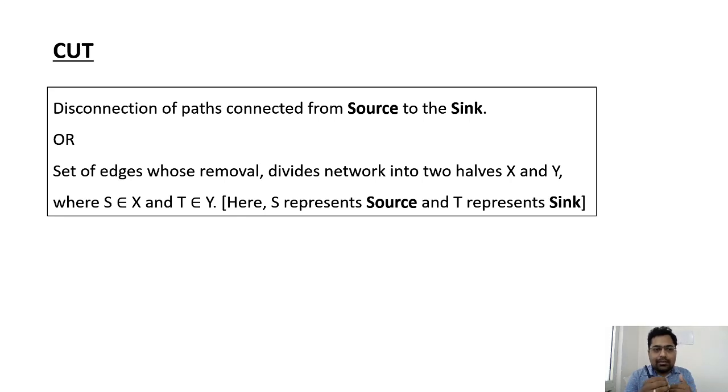The min cut is considered as the max flow here. The number of edges we fix should be minimum, and we should keep that in mind. That is what the min cut is.